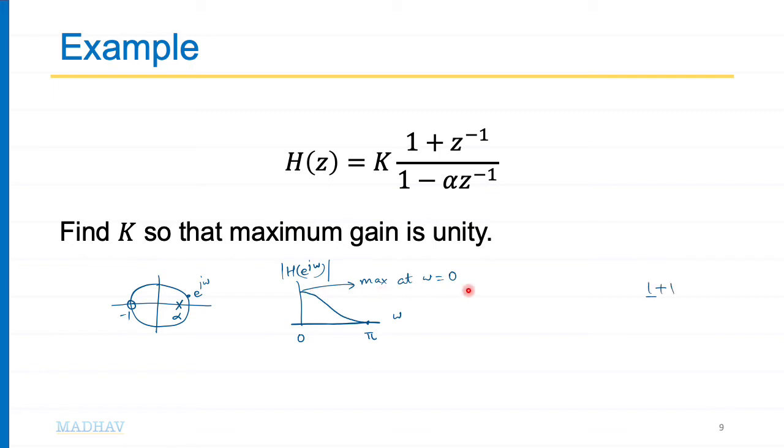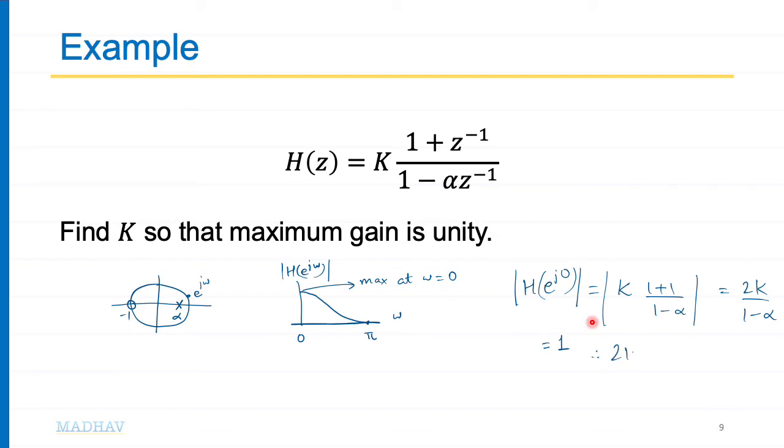Now let's put in the values. My H(e^{j0}) is equal to k times (1 + 1) upon (1 minus alpha times 1), and we want this to be equal to 1. Basically, this is simply 2k upon 1 minus alpha. K is positive, and this should be equal to 1.